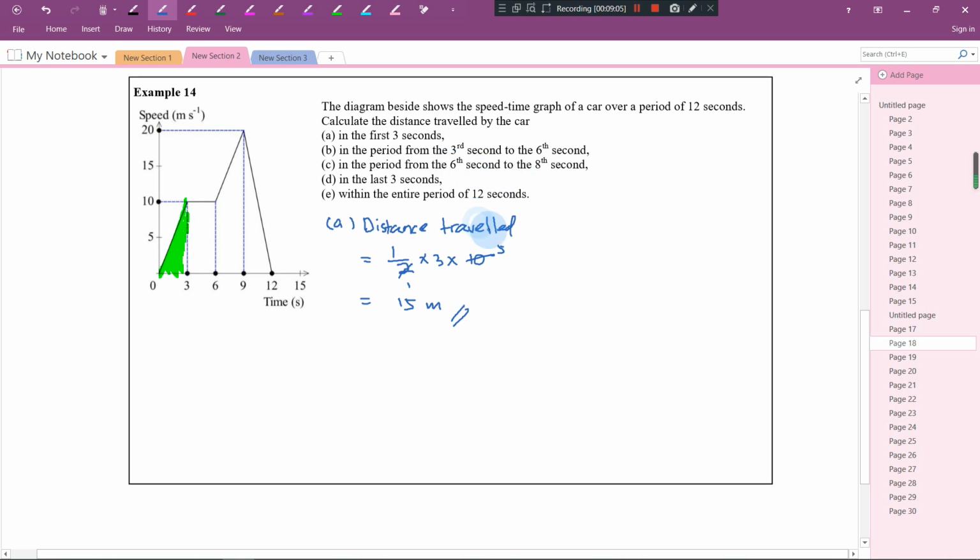Okay, so how about B? In the period from the 3rd second to the 6th second, which is over here, we want to find the distance traveled for this period, so we need to find the area under the graph for this part. So this is a rectangle.